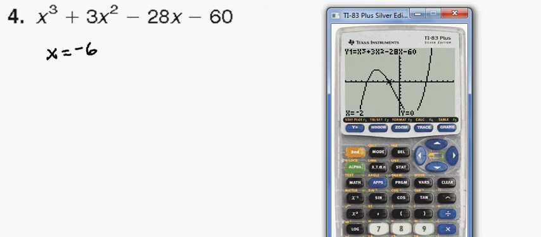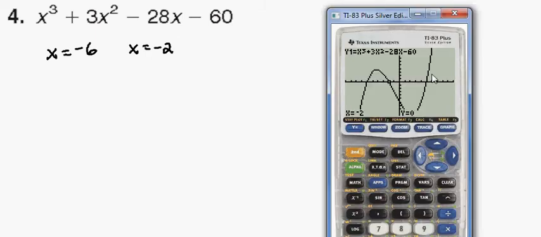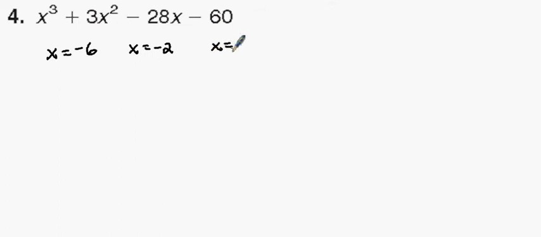So I know x equals negative 2. And then I come over to the third over here, and let's trace. And 1, 2, 3, 4, 5. It looks like 5. So let's put in 5 for my x, and that's also 0. So those are my 3 roots. X equals 5.